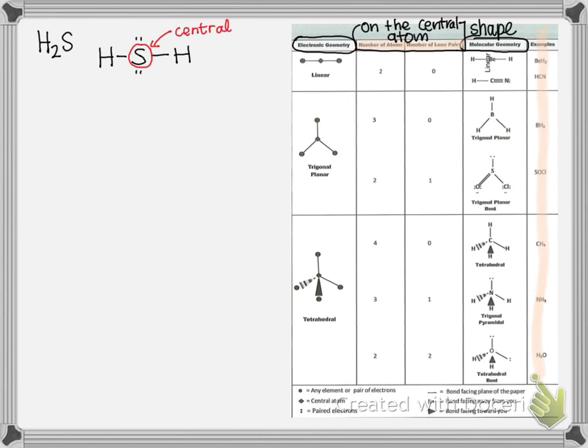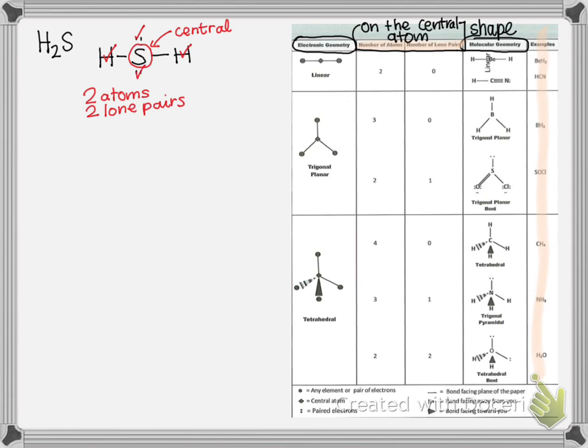And there's two things we have to account for. One is how many atoms are bonded to sulfur. And so I see 2 atoms bonded to sulfur. 1, 2. And then looking at the sulfur, I also have 2 lone pairs. 1, 2.